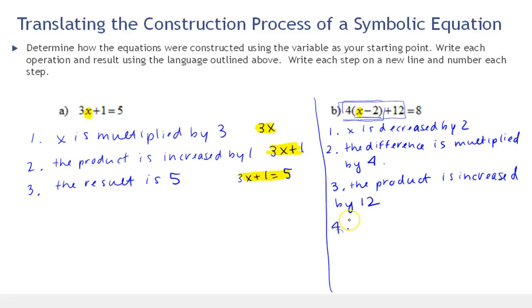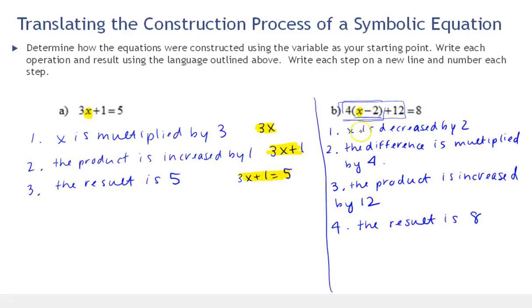We end with, just like we did here, the result is 8. So this describes the story of how we would construct this equation based on x.